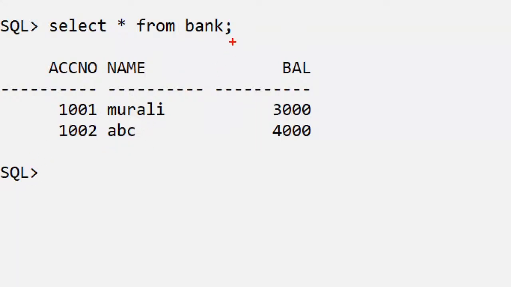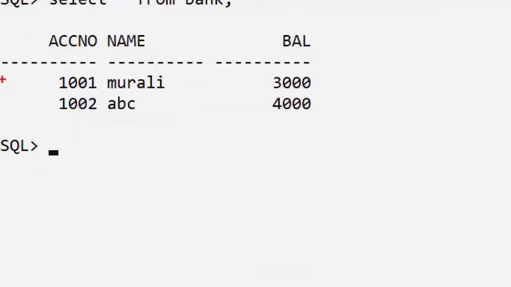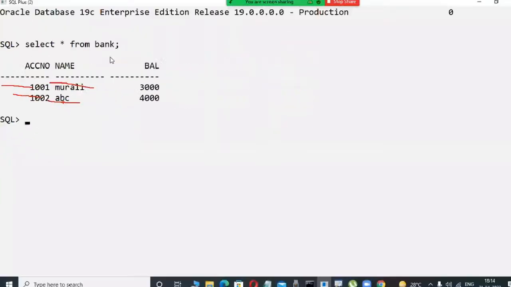Suppose this is SBI bank, and this is the data. Observe here, these are columns: account number, name, and balance. These are called columns. These rows, 1001 and so on, are called rows or data.